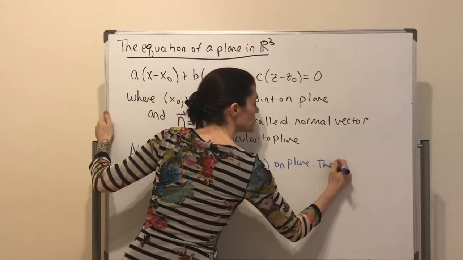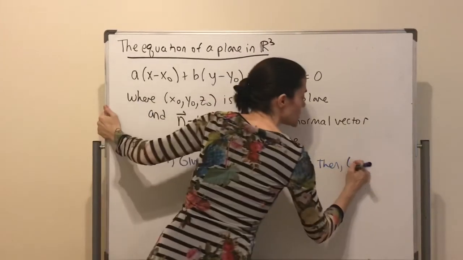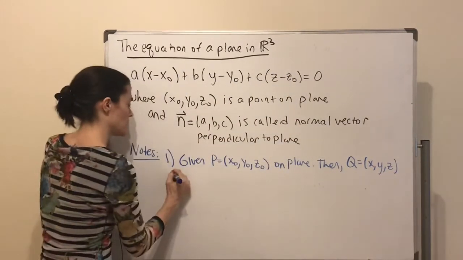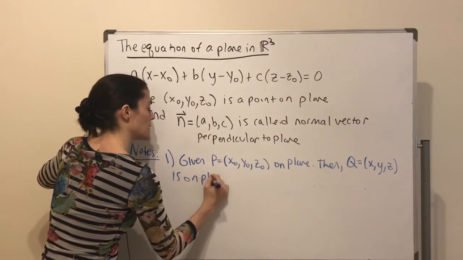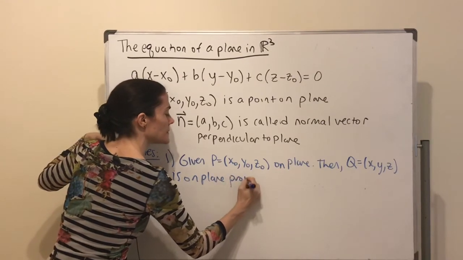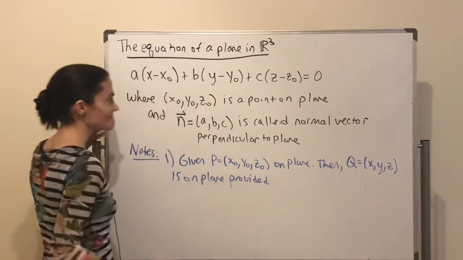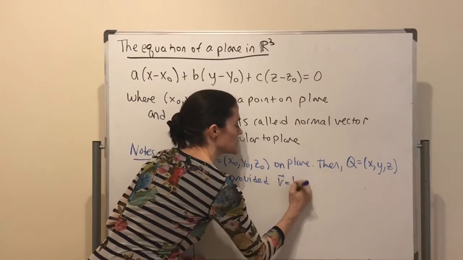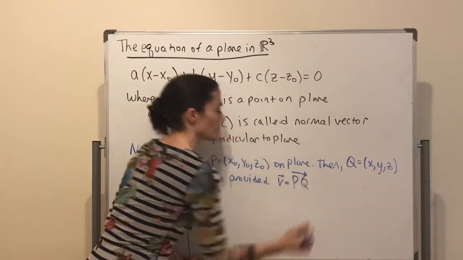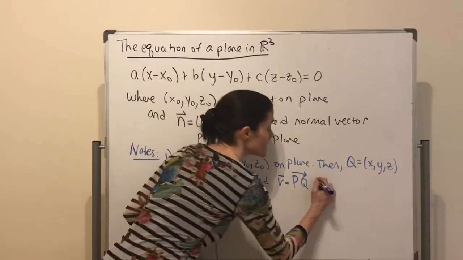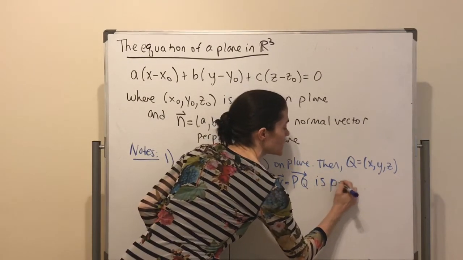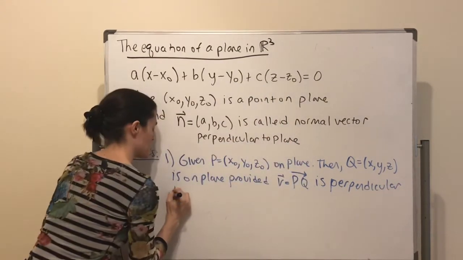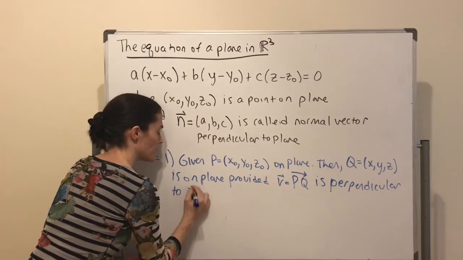And then this point Q, which is (x, y, z), is on the plane provided, well, if we take v, which is the vector from P to Q, is perpendicular to this n.